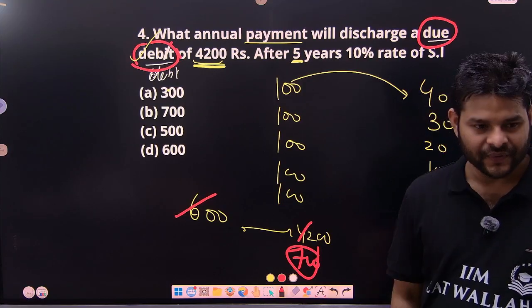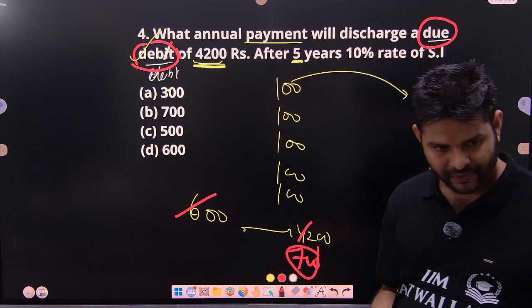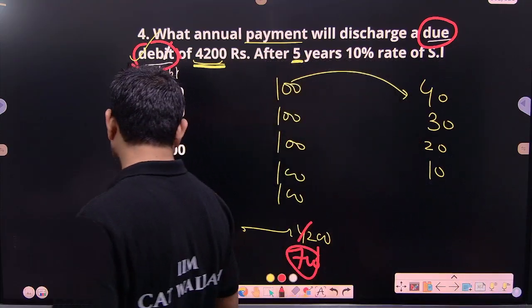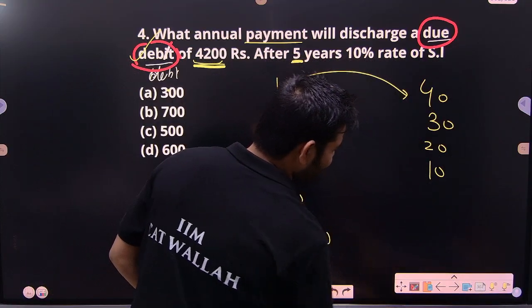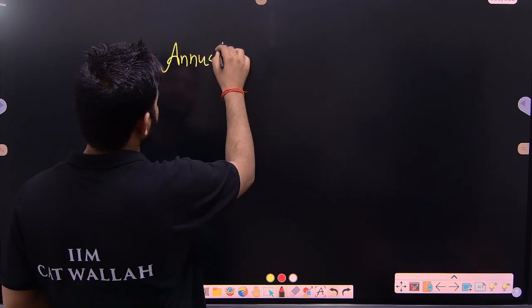Now, the same question we can do with the formula. If you are not happy with that method, just write the formula. Annual installment, annual revenue or annual payment.